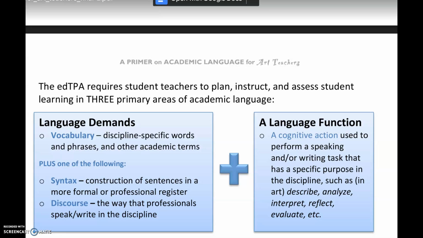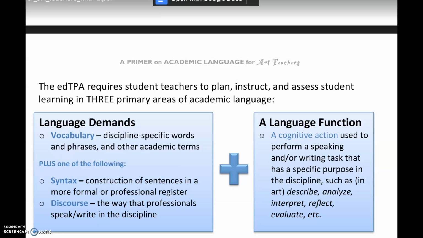You need to choose one of those to put on your lesson plan. Syntax is the construction of sentences, how things are put together, how questions are asked, how to break that apart, so that they know what specifically a question might be saying, or how to put a sentence together so that it makes sense within the discipline and within their academic writing.